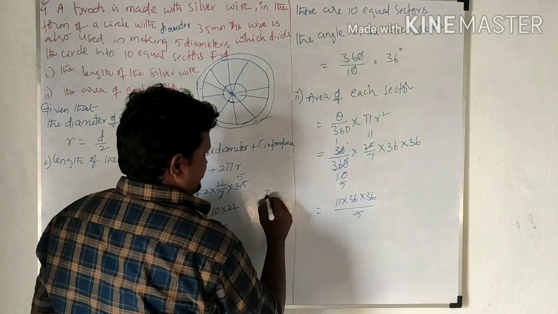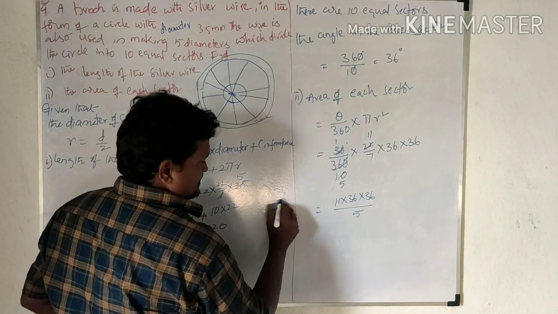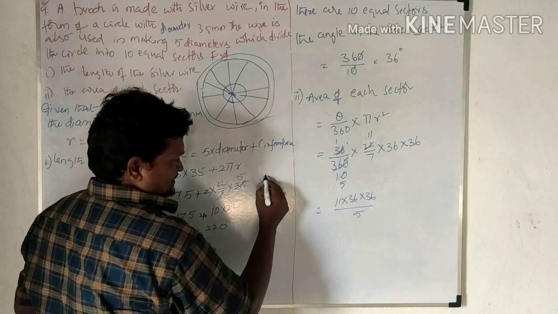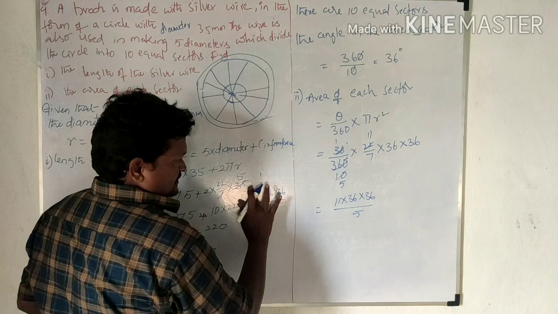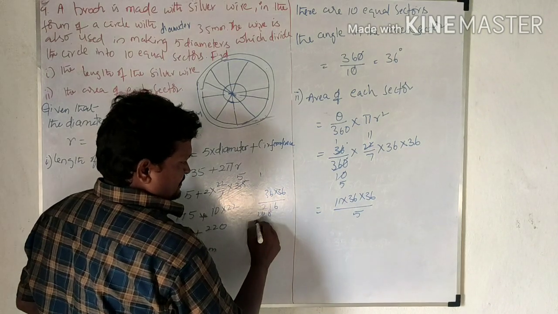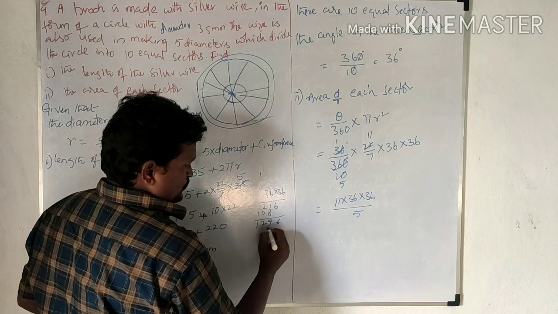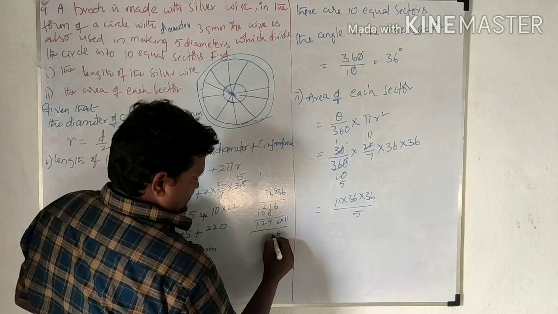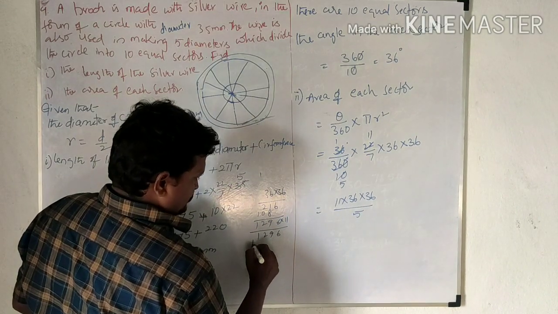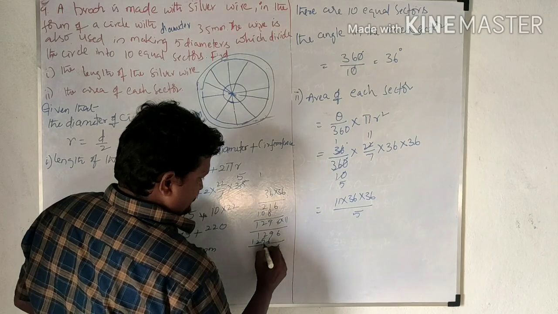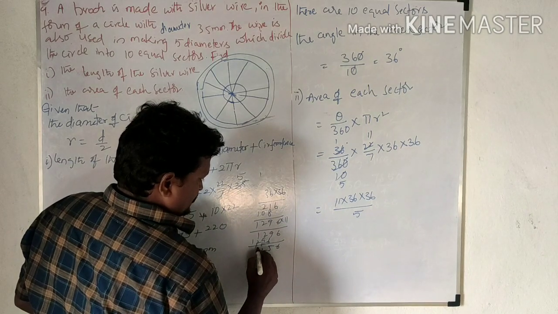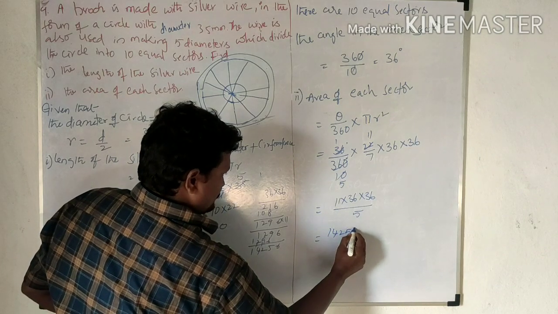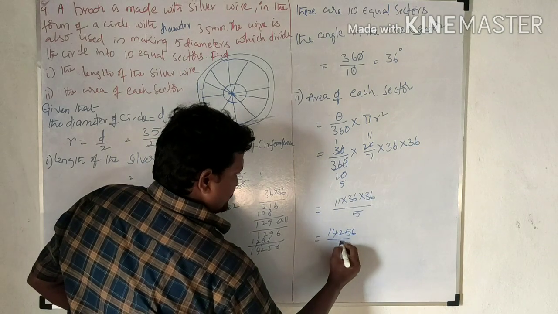You have to multiply 36 into 36. 6 6s are 36, 6 3s are 18, plus 3 is 21. 3 6s are 18, 3 6s are 18, plus 3 is 21, and so on. That is 1296 into 11. So 1296 times 11 will be 14256.